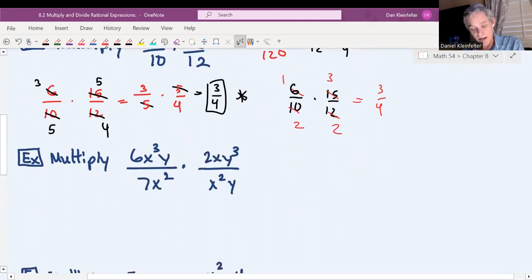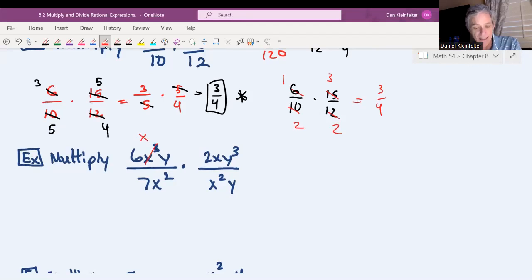All right, so let's try one that's got some variables in it. Here we've got 6x cubed y over 7x squared times 2x y cubed over x squared y. What we'll do on this one, I'm going to simplify each fraction separately, and then we'll deal with the multiplication. So x cubed and x squared have a common factor of x squared, which we'll divide out.